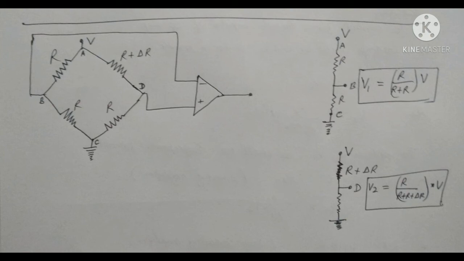So V1 is equal to R by R plus R into V. Similarly, if we travel from V through D to point C, then this is also a complete loop and we can apply the same formula. So V2 is equal to R divided by R plus delta R into V.